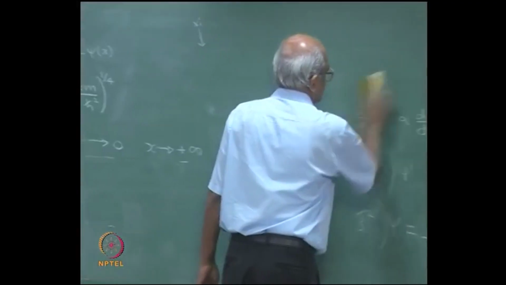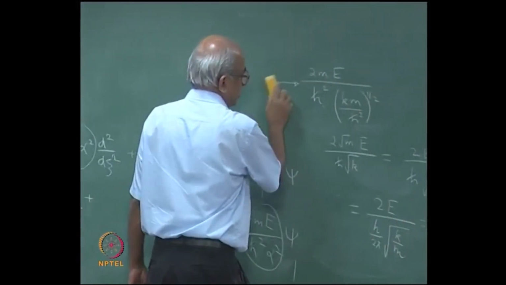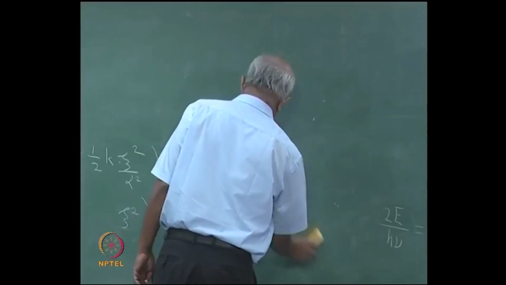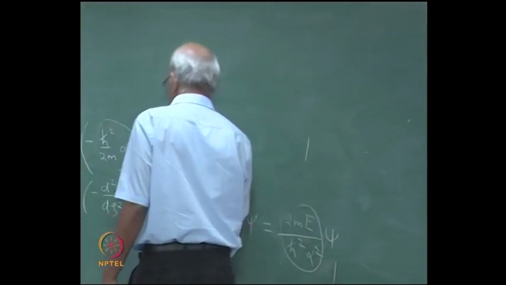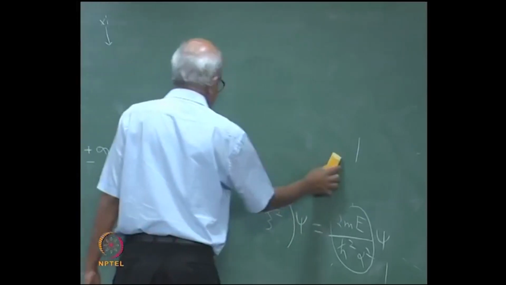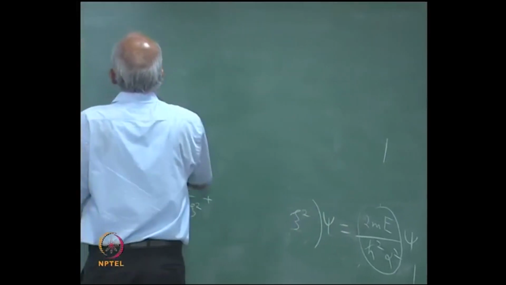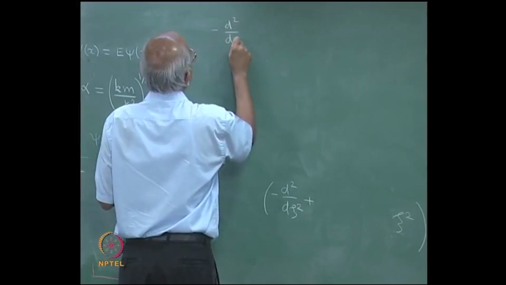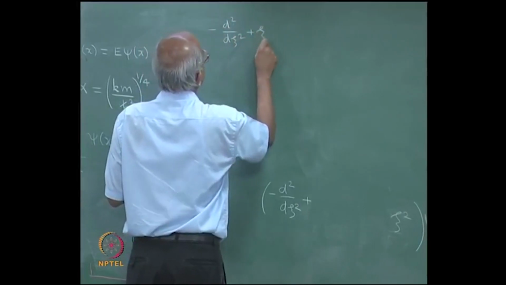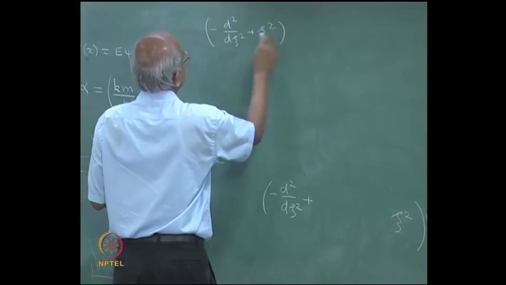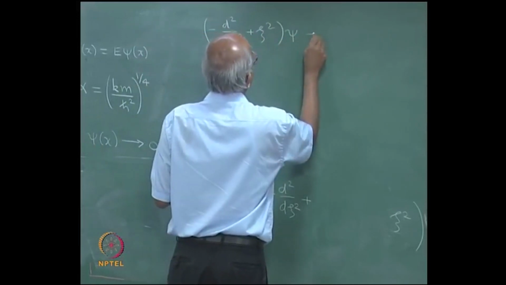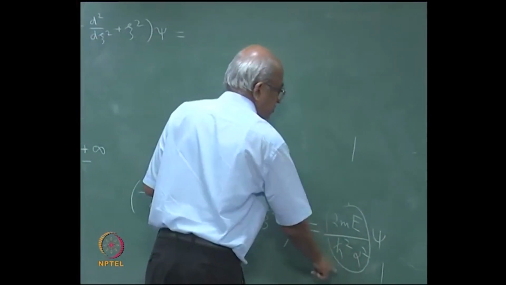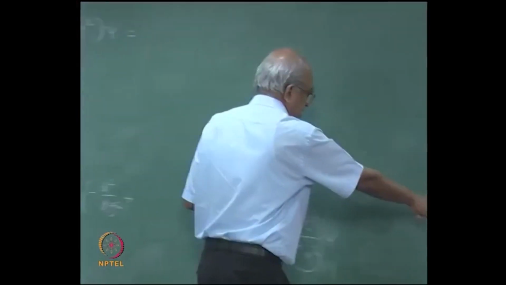And therefore, what has happened to my differential equation? My differential equation now looks much better than earlier. The way it looks is minus d square upon dx square plus c square operating upon psi is equal to 2e by h cross square alpha square, but that is actually something that we have calculated.